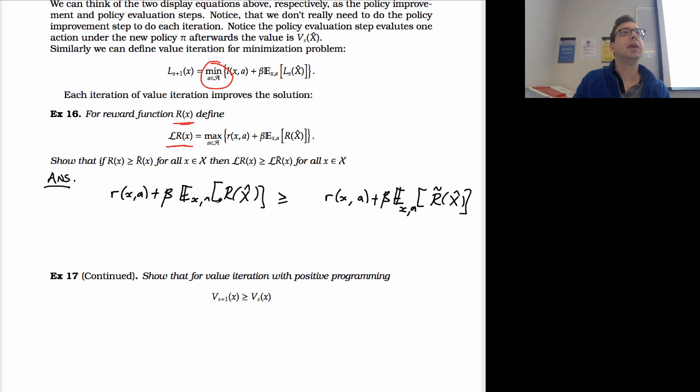And then I can just maximize over the set of actions here, and this is going to remain bigger than this. So if I maximize this over the set of actions, and I maximize this over the set of actions, then this is going to remain bigger than this as well.